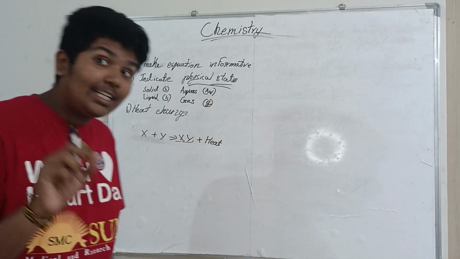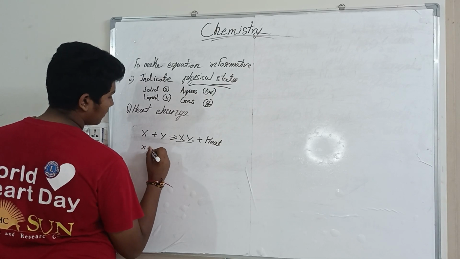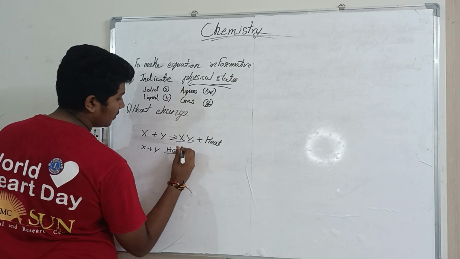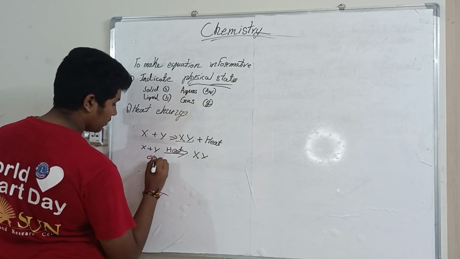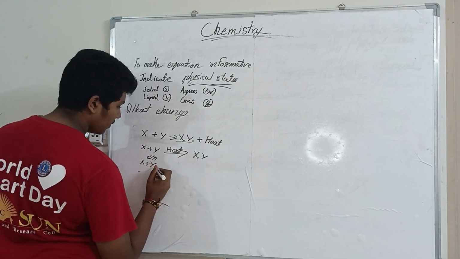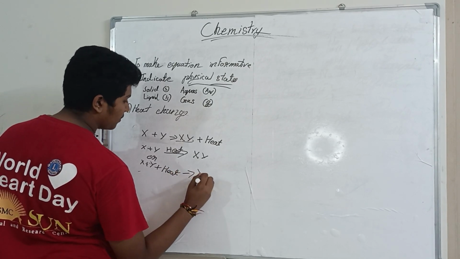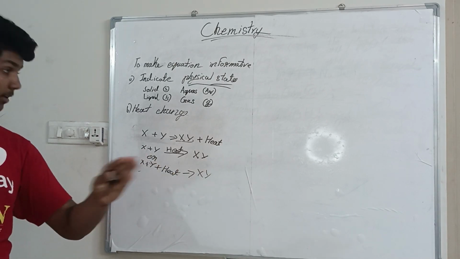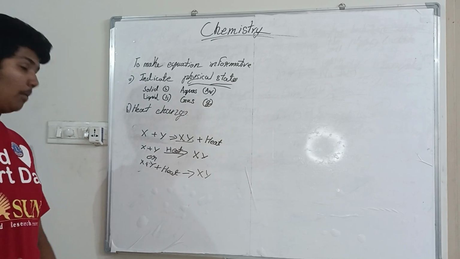So you have to write plus heat. But if it's endothermic, X plus Y, with heat above the arrow, gives you XY. Or you can put X plus Y plus heat gives you XY. Either you can write X plus Y with heat above the arrow, or X plus Y plus heat gives XY.